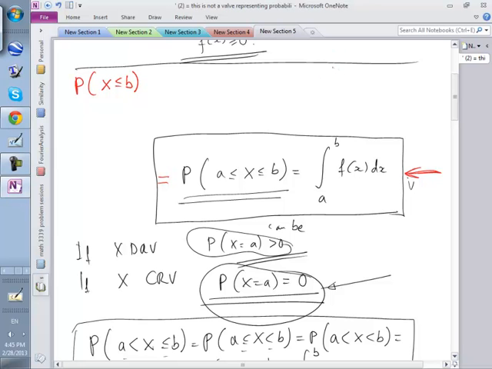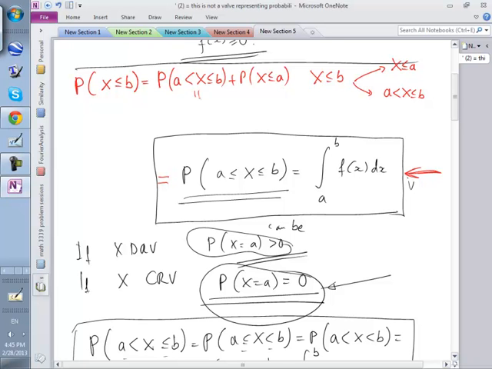So if X is less than or equal than B, then it can be less than or equal than A, or it can be between A and B.